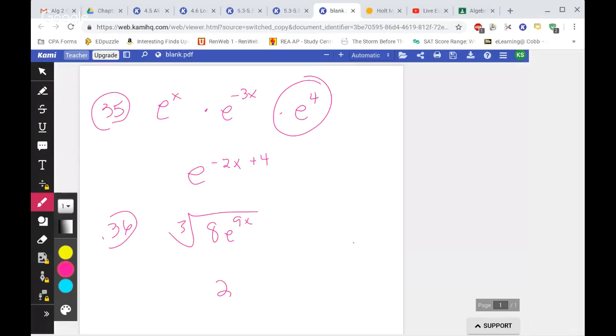And believe it or not, when you're taking the cube root of an exponent, you're actually dividing 3 into it. So that would just be e to the 3x. I can't understand that one. Okay.